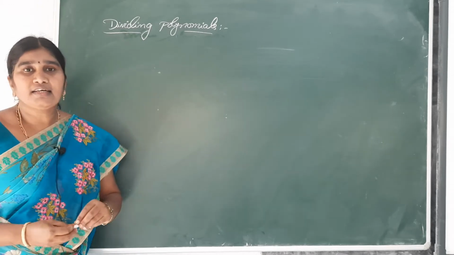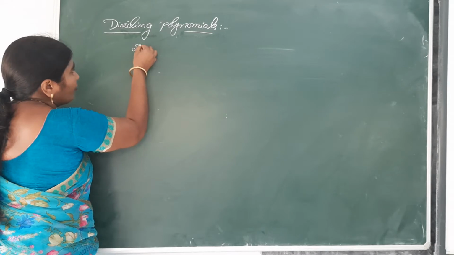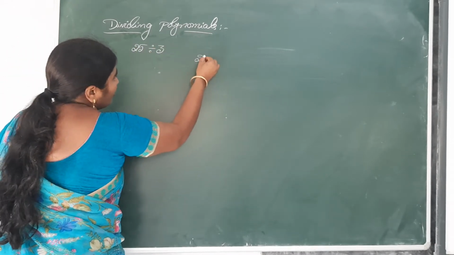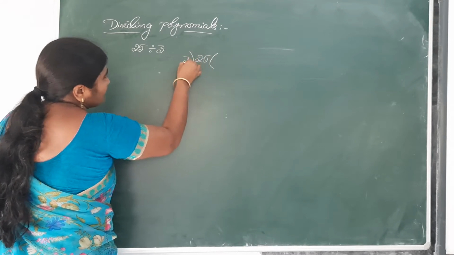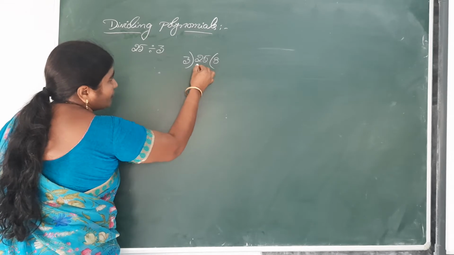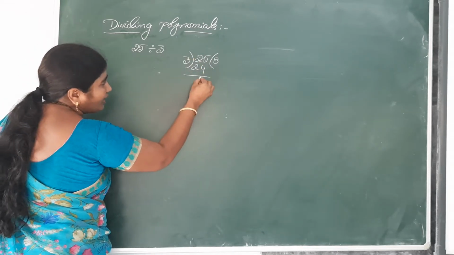Let us consider 25 and 3. 25 divided by 3. 3 eights are 24. 24 is subtracted from 25. We get 1.